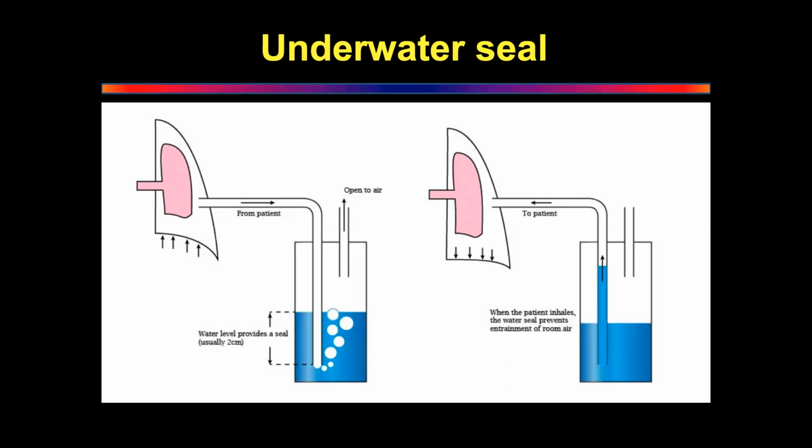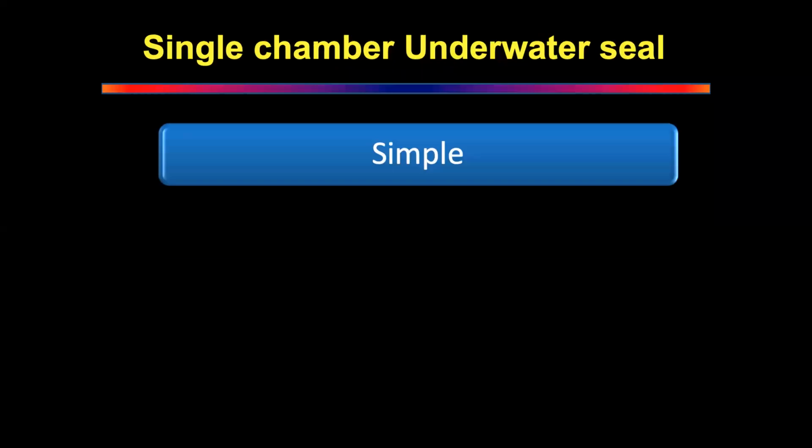So the disadvantage of a single bottle system is it is not efficient for draining large amount of fluid. It is not efficient for draining large amount of air. It is not efficient for using a suction system on it. And more importantly, it has a risk of the fluid going back into the chest. Does it make sense what I just said? Yes, this is the answer I want to hear in the exam. It's very simple, not complex, but this is the answer that I want to hear in the exam.